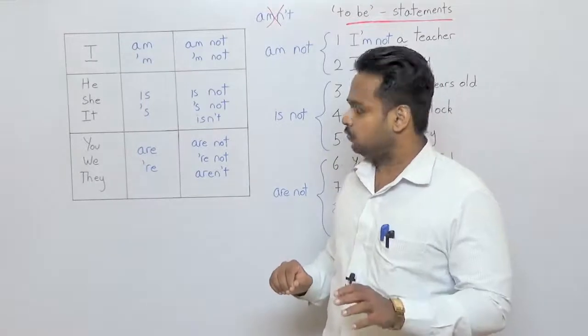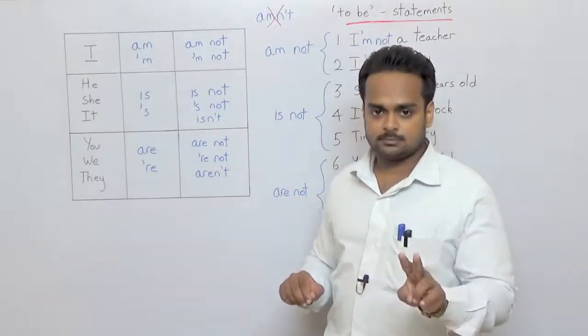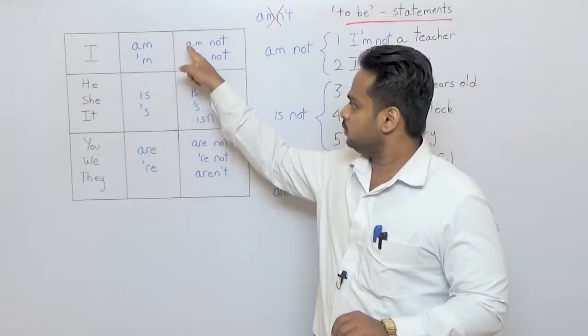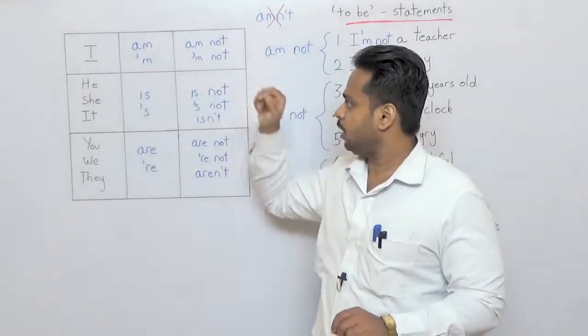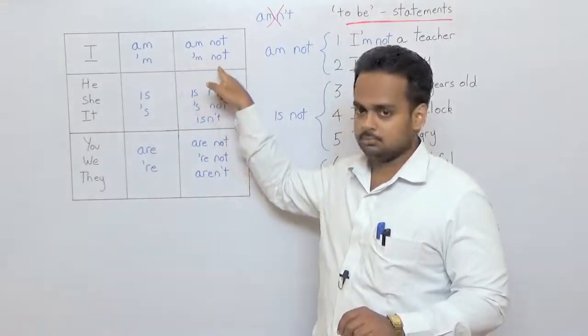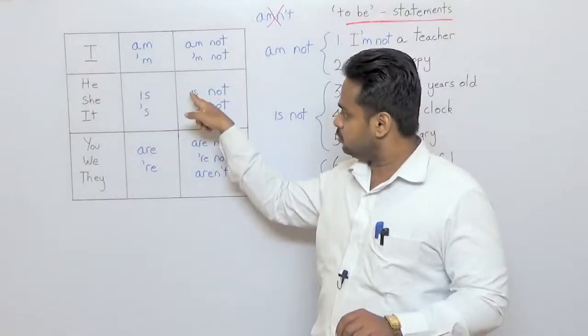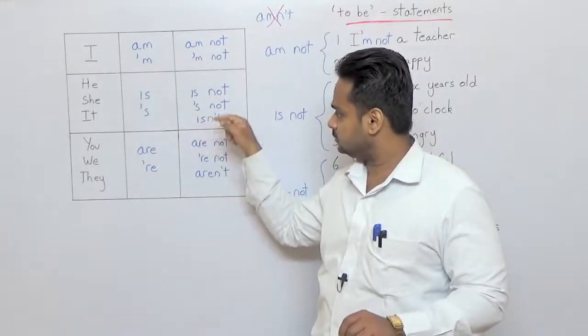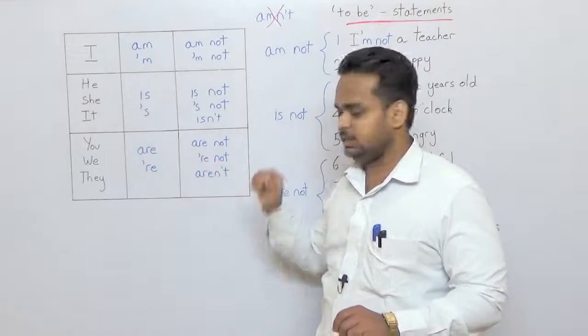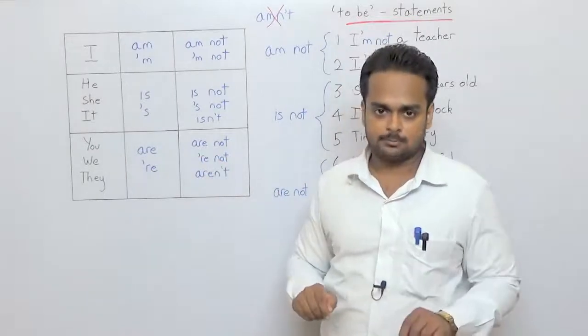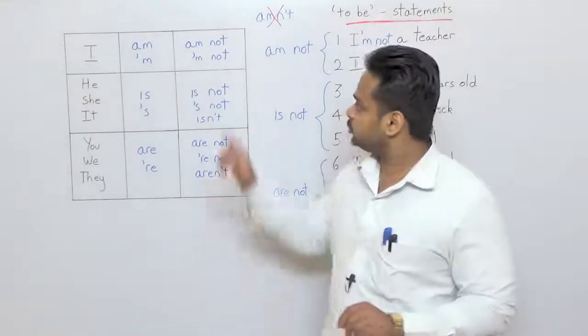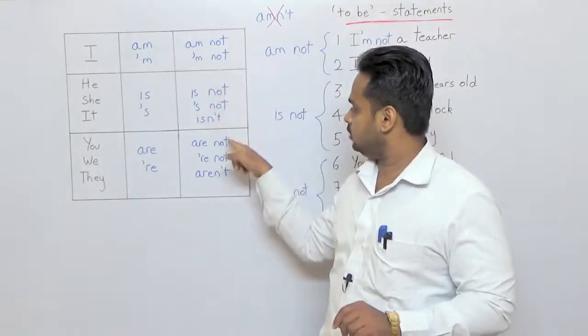Now to make a short form, you can do it in two ways. The first is to remove the first letter and put an apostrophe. So apostrophe m not for am not. You remove i, so apostrophe s not, and apostrophe re not. That's the first way. The second way to do that is to remove the o in not.